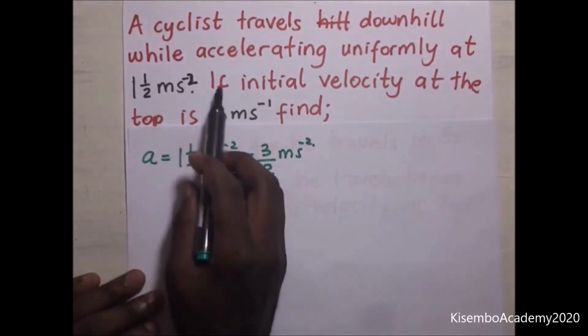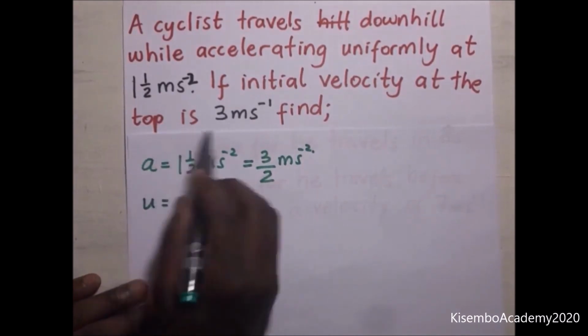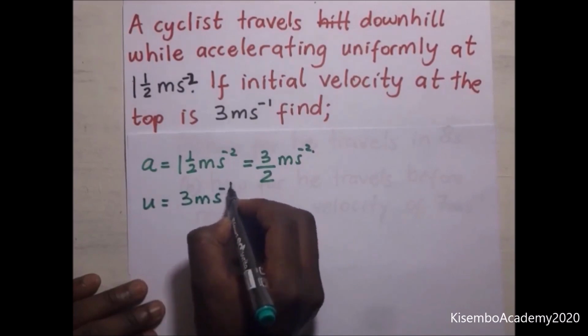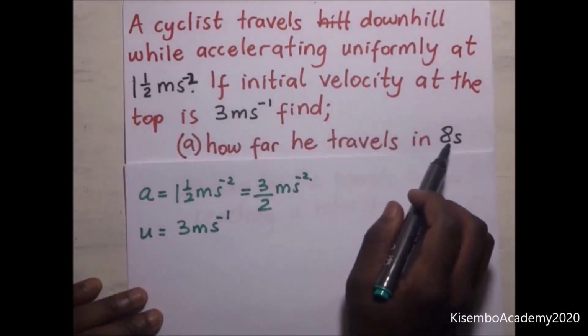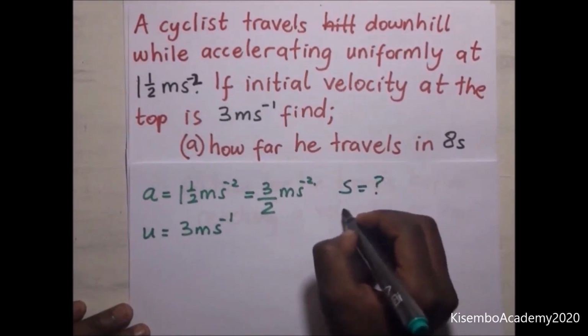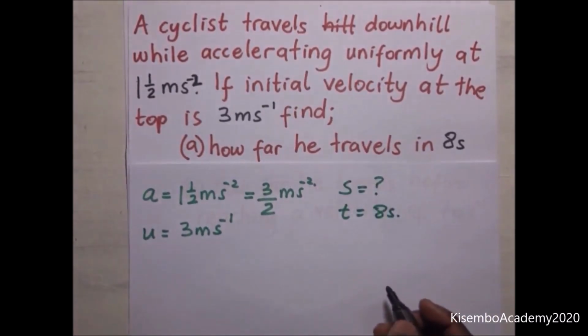That's the acceleration. If the initial velocity at the top is that, so meaning initial velocity is 3 meters per second, then find how far he travels in 8 seconds. So they want you to find the distance he travels when the time is 8 seconds.